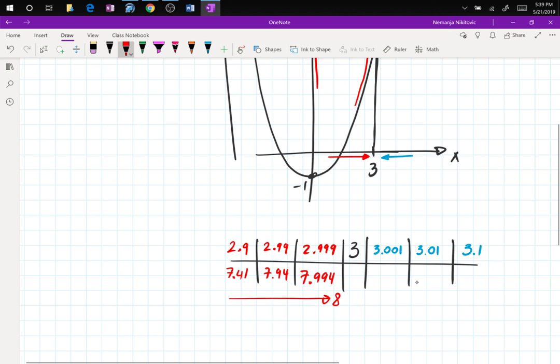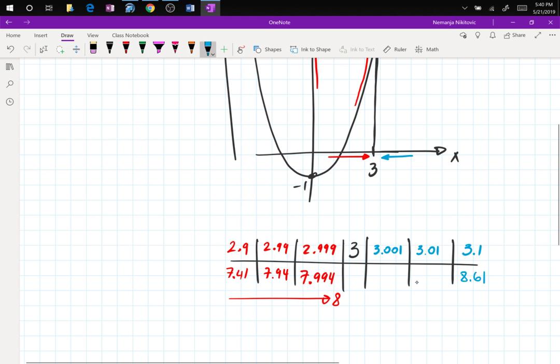So we see, as we calculate y values one by one, that this is pointing towards 8. Now we do the 3.1. So that's 8.61 all the way at the end. And now this should be falling towards 8.